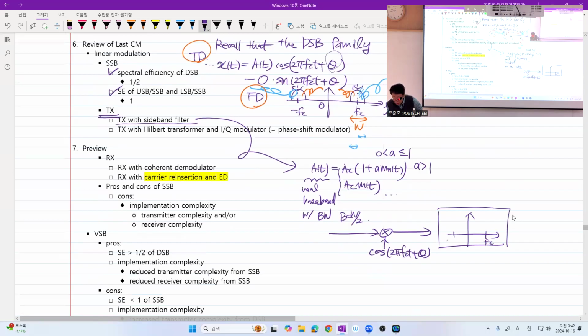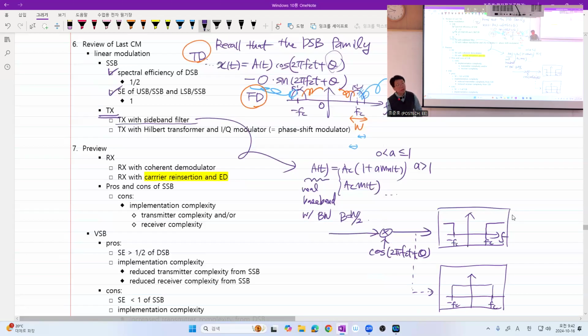You need to be able to build a filter that only passes the upper sideband, or if you want to have a lower sideband SSB, then you need to have a filter that passes the lower sideband part.